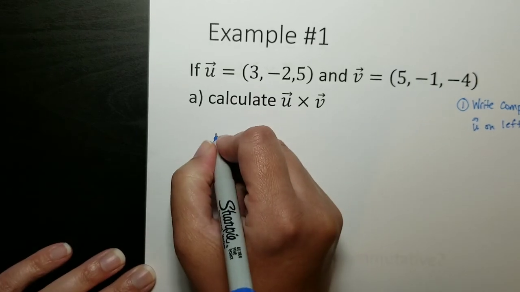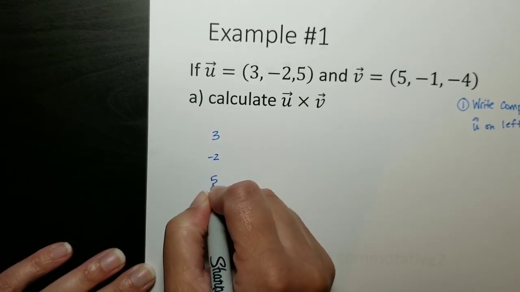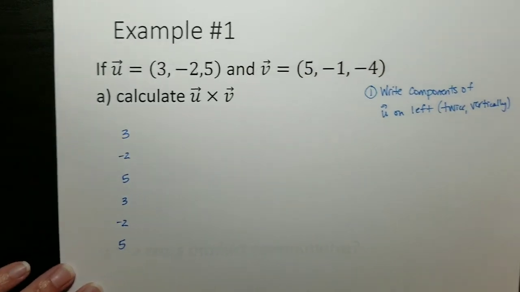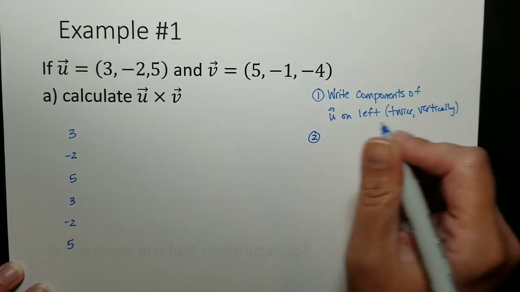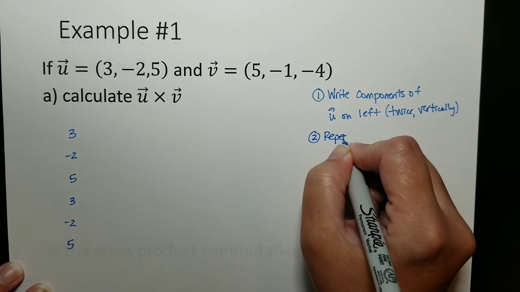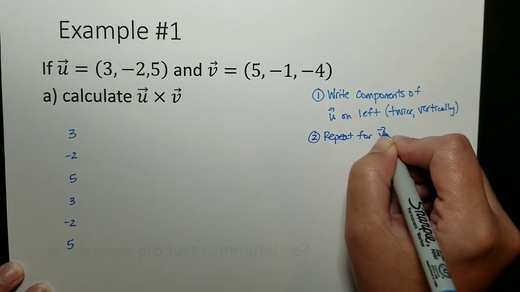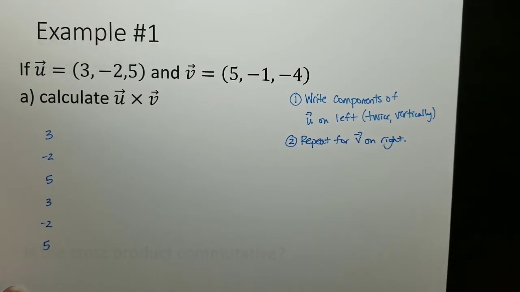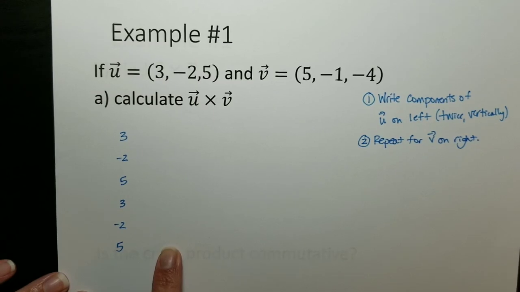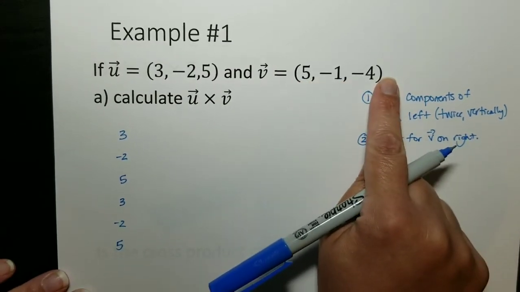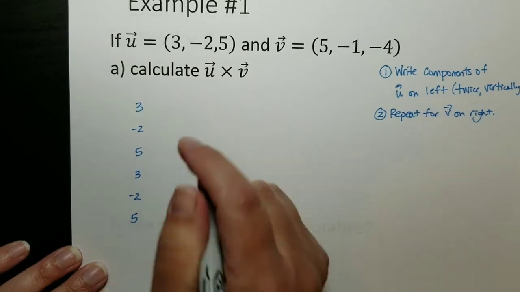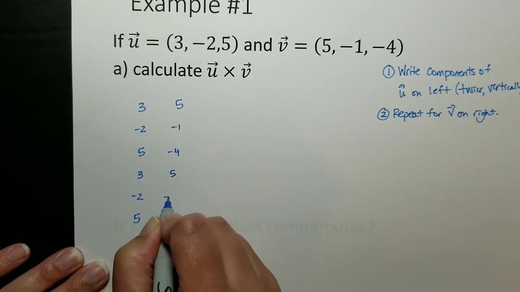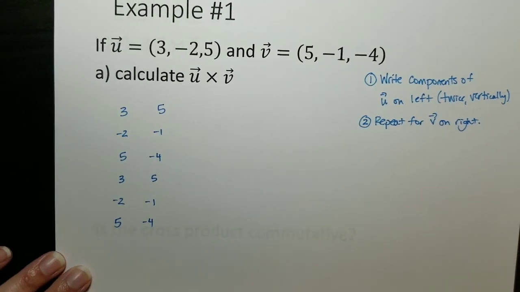I'm going to write 3, -2, 5, and 3, -2, 5. And then I'm going to do the same for V, just to the right of the U ones, writing the components of V down vertically twice. So 5, -1, -4, 5, -1, -4.